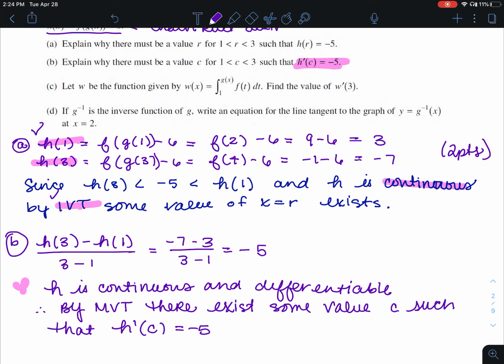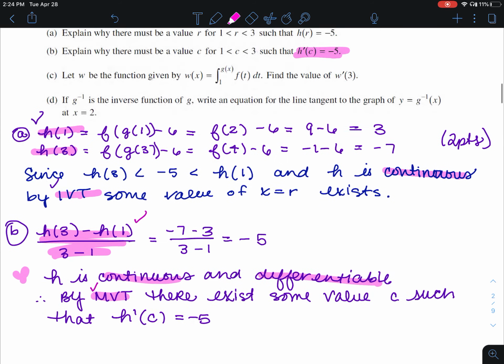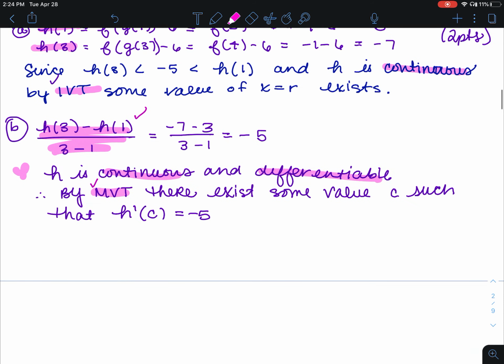This one was also worth 2 points. We got a point for AROC, and a point for our conclusion with MVT. So again, make sure we show that AROC and MVT. The conclusion would have to say this is continuous and differentiable, because those are the halves of the two points.